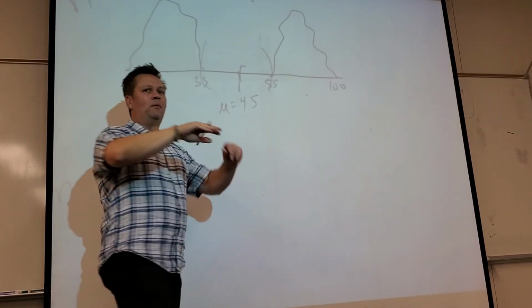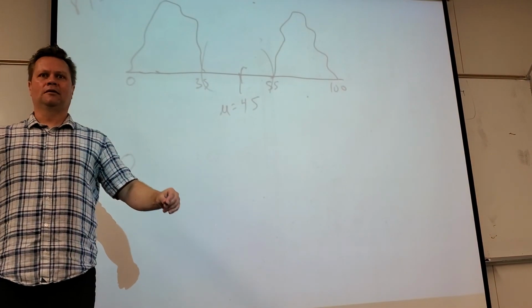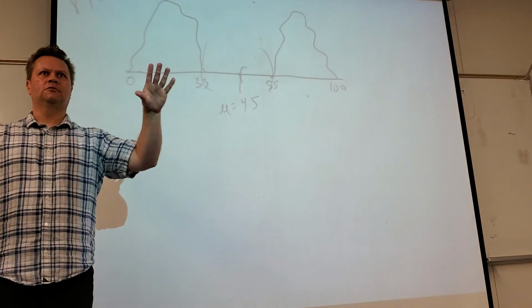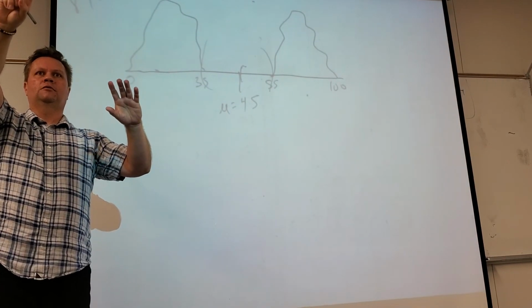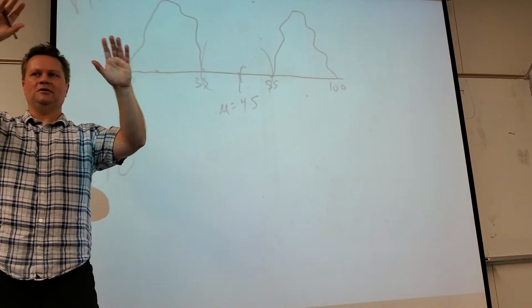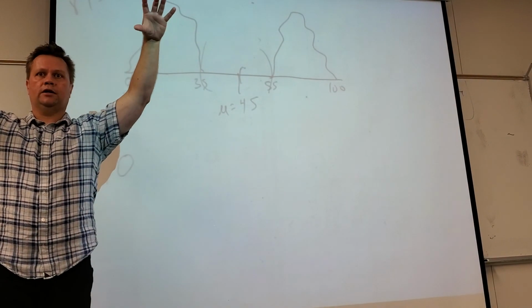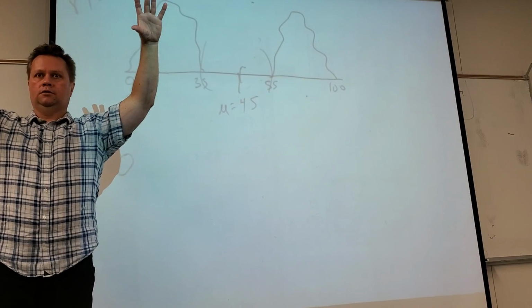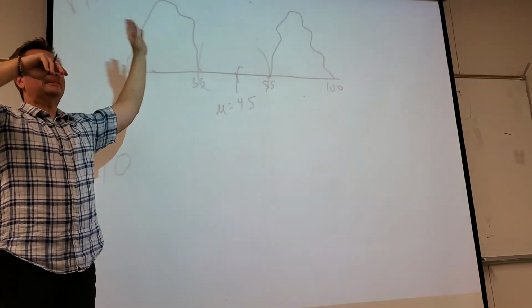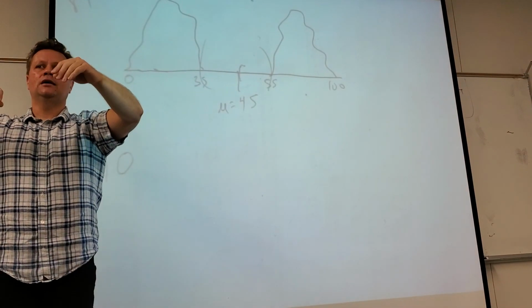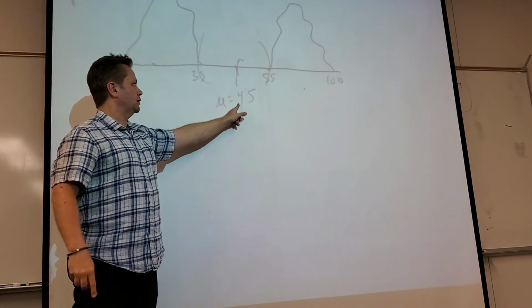No. What is the most likely thing to happen? Some from both sides, right? So what's the most likely result for any sample is going to be actually this mean.